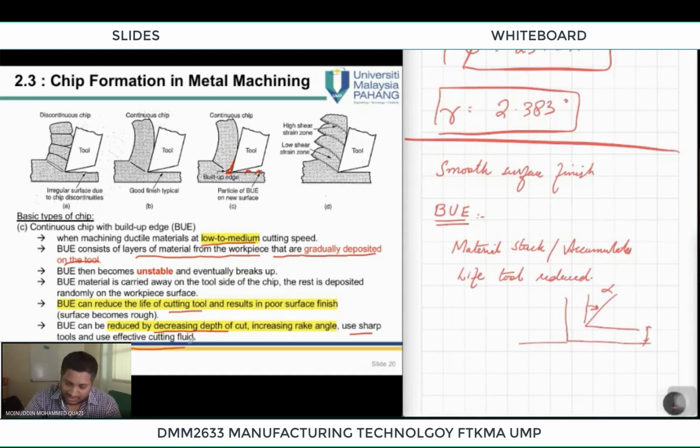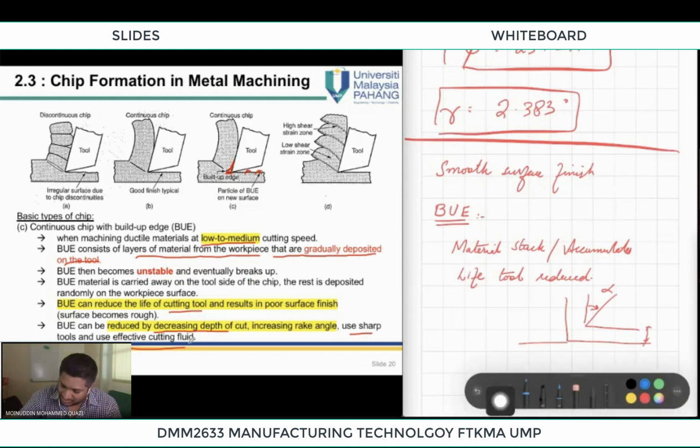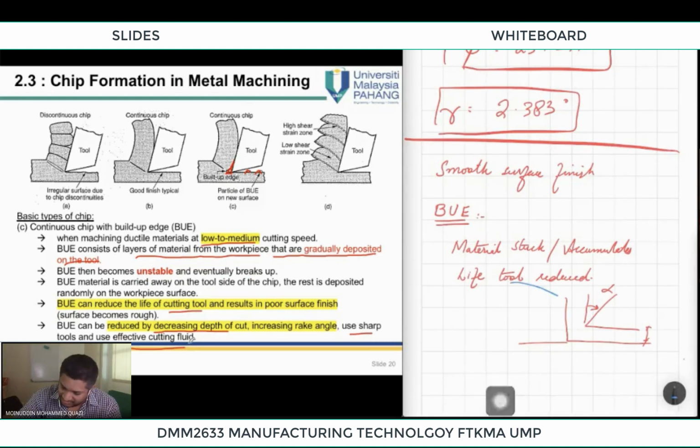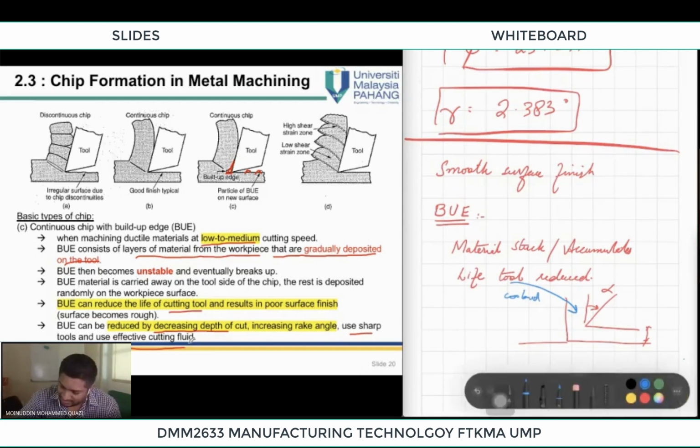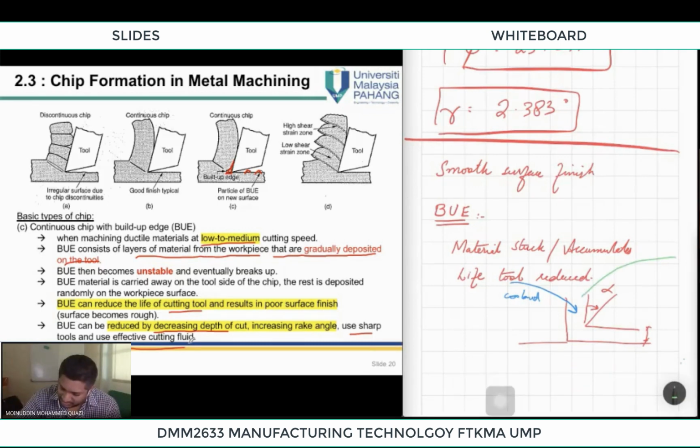So I should put effective cooling or lubrication. The cutting fluid I should put may be coolant, and another one may be lubricant. If I'm going to use these two, then I can prevent BUE formation.